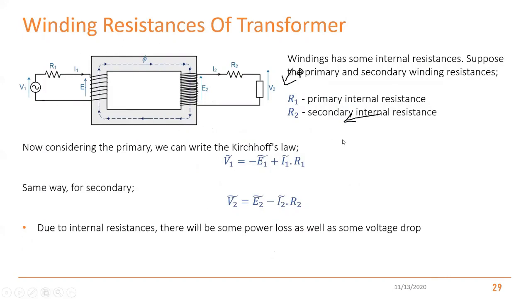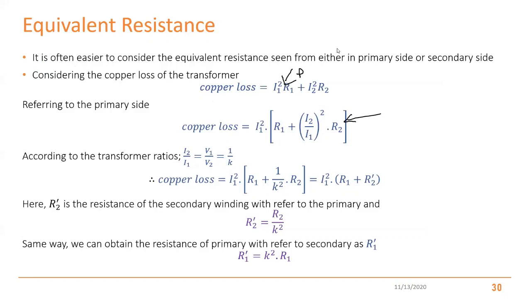Therefore, for an ideal transformer, we can write I1 divided by I2 equals K, otherwise I2 divided by I1 is 1 over K. So here we have I2 divided by I1 squared. Since the resistances are external, we can apply this equation.